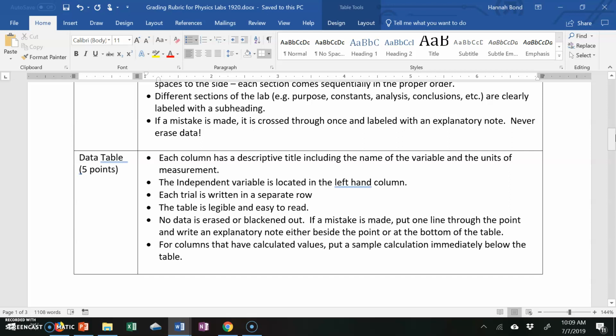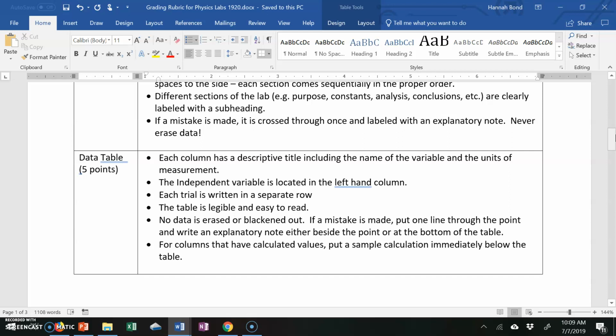Okay, calculated values. A lot of tables will have a column that has values that are calculated. For example, many times you calculate the average of several trials and show that average value. For any column that has a calculated value, you need to show below the table how that calculation was done.